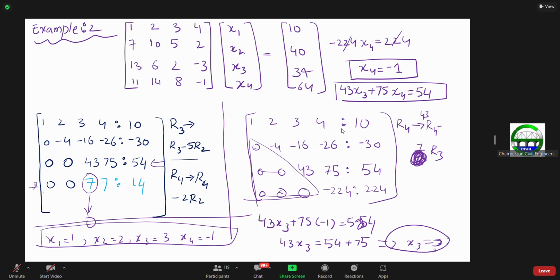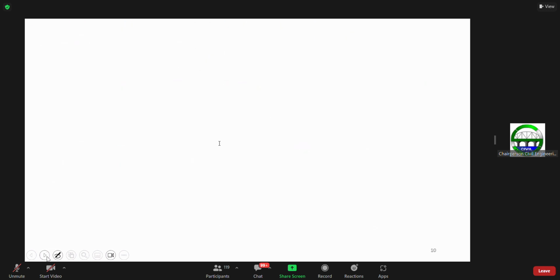But sometimes there is no solution, and sometimes there are infinite solutions as well. So let's try to solve another example and see. They say we solve the system of linear equations, and they already give us the augmented matrix only.